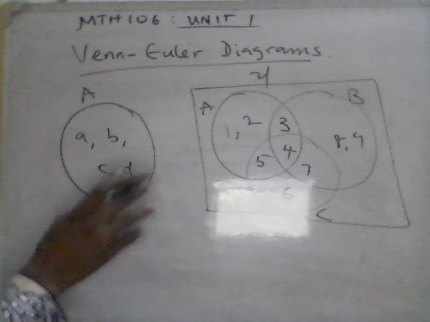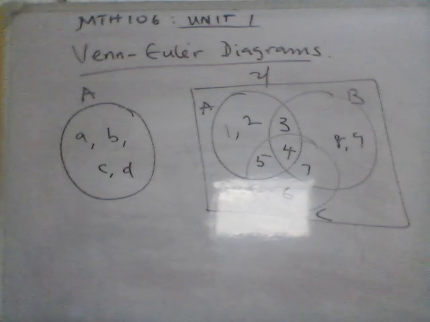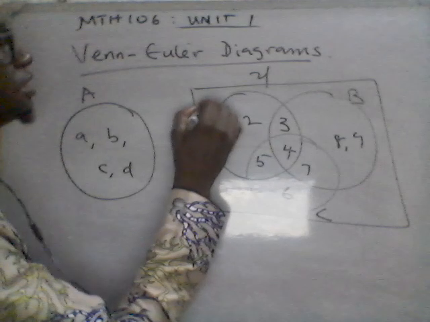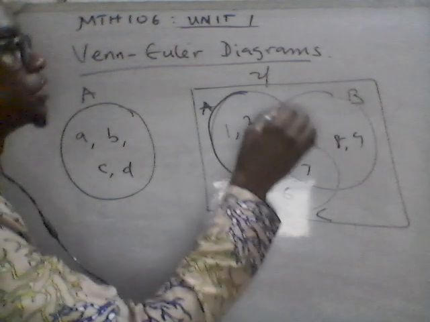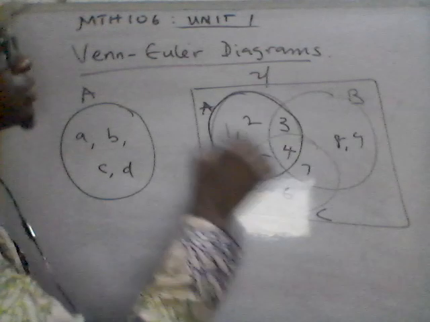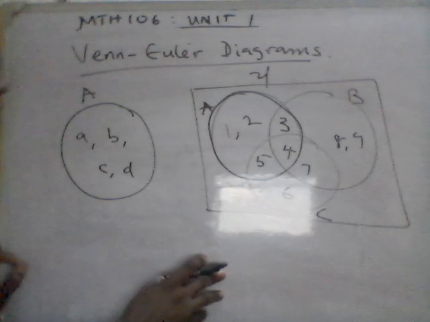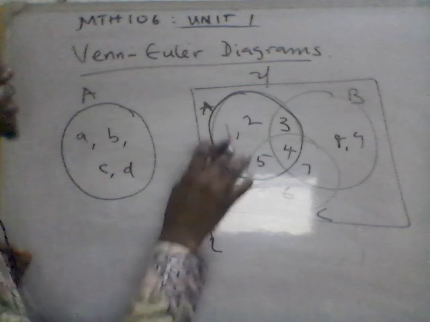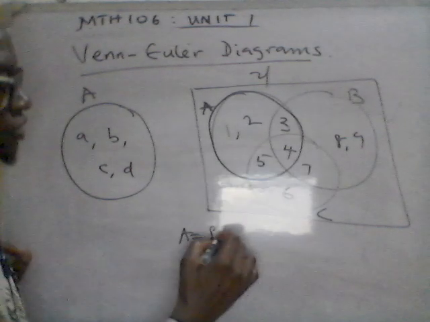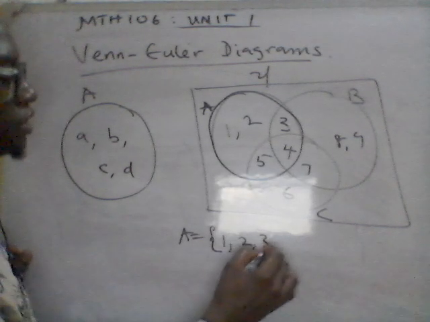Now, the way this is drawn, you can see that this is set A. Set A is bounded by this circle, so everything inside this circle is set A. If I want to label set A, I will just say the elements in set A are 1, 2, 3, 4, 5.